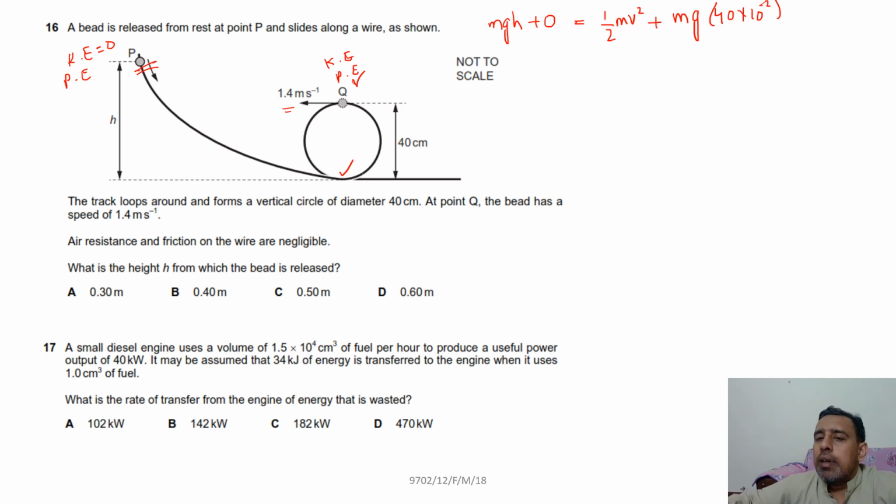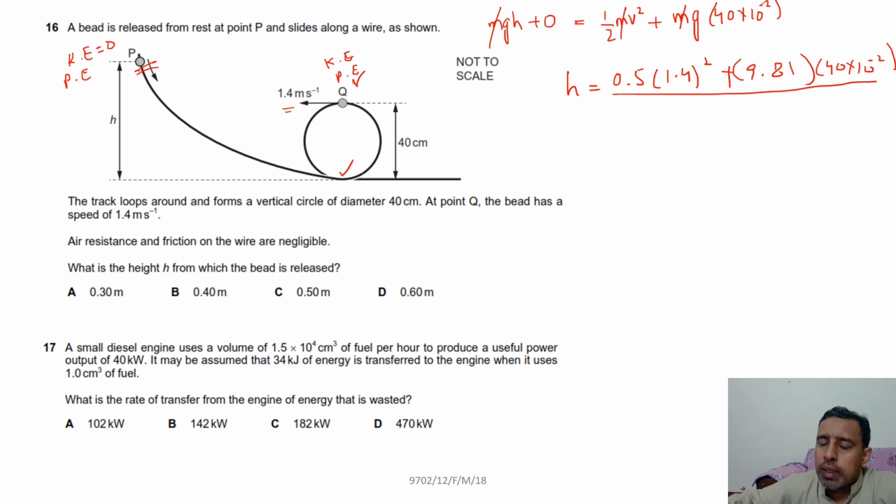So if we take the m common from the right side, then we can cancel this m on both sides. Now h is required, so h is 0.5, v is 1.4 square plus 9.81, it's g, and 40 into 10 raised to minus 2, and this whole divided by 9.81.